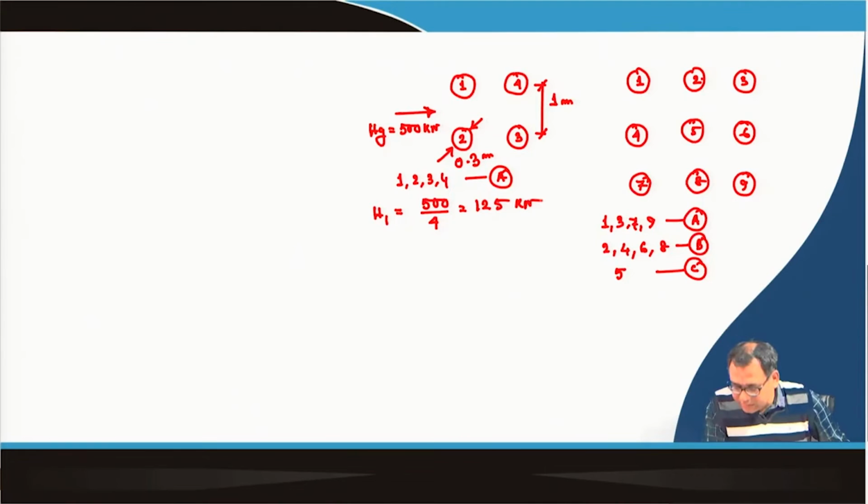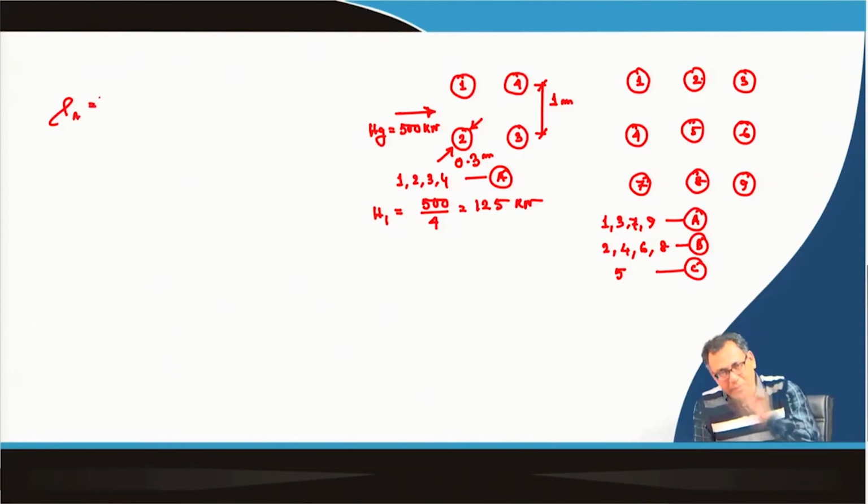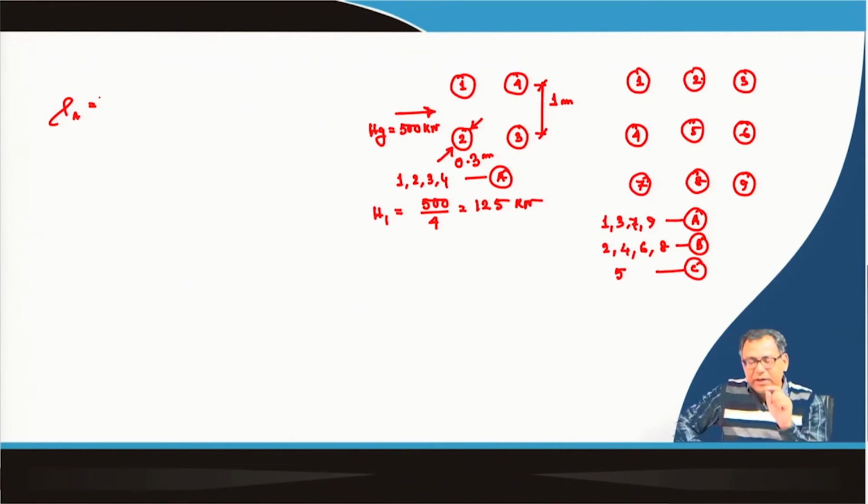So, each single pile is taking a load of 125 kilonewton. And then here the equation is that we are taking the deformation of a pile group. Suppose we know the deformation of a single pile, and if I take that deformation for a single pile, that is fine.